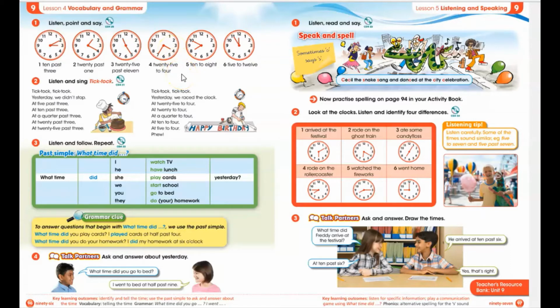Okay? Let's go over that again. We always start counting from the 12. We always start counting from the 12 up the top here. If the minute hand is on this side, then we count this way. 5, 10, 15, 20, 25, 30.